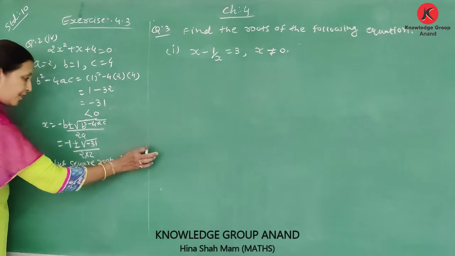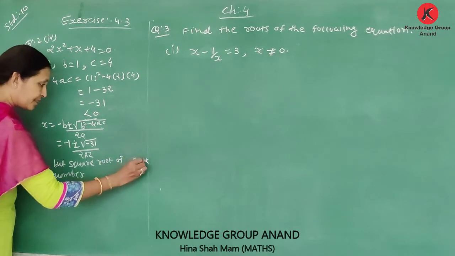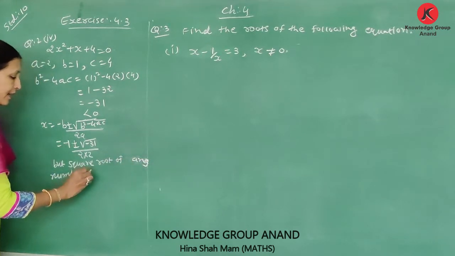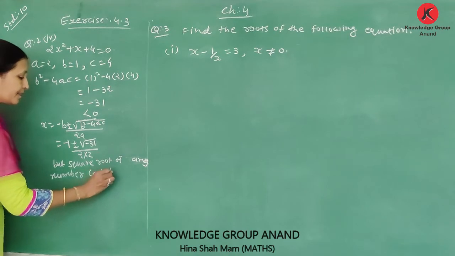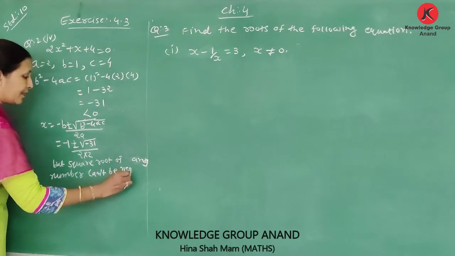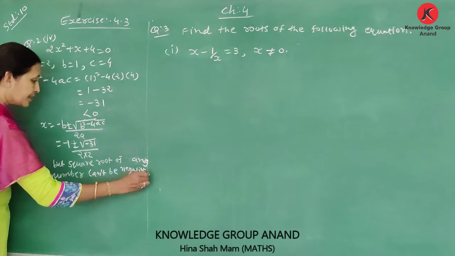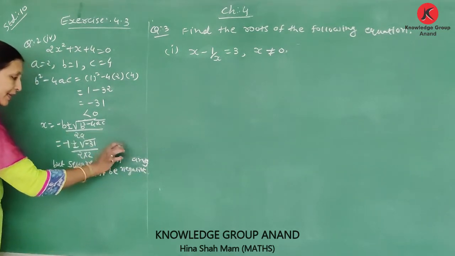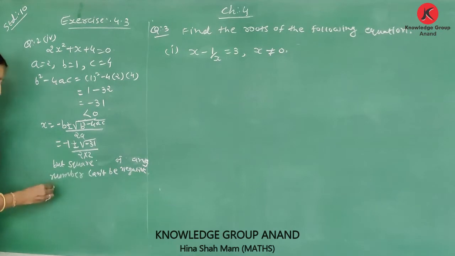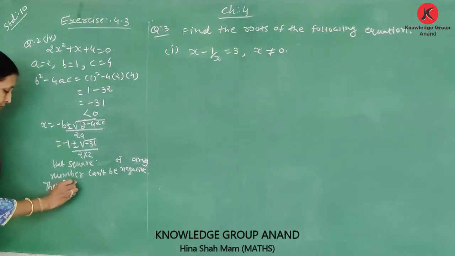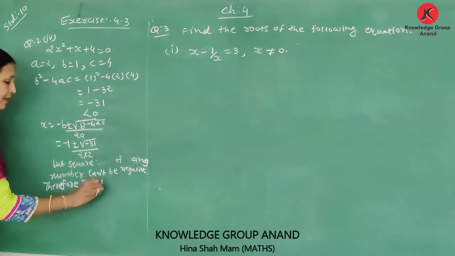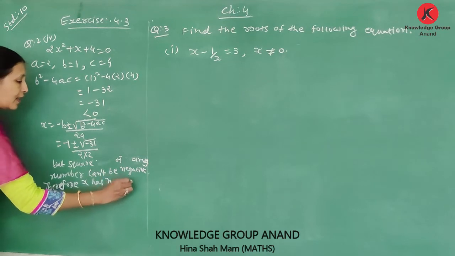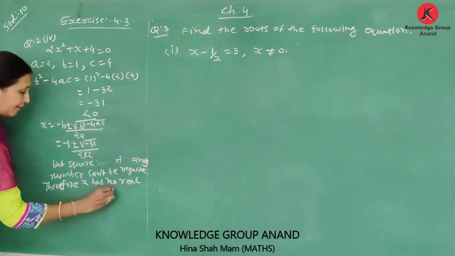The square of any number can't be negative. Therefore, x has no real value.